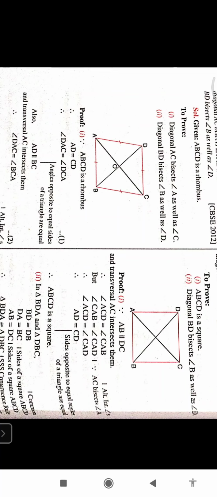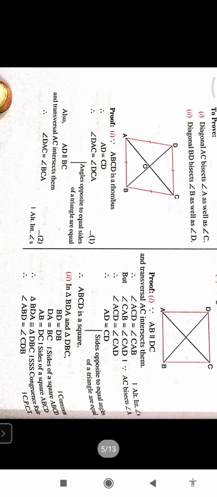Call it first result. Now also AD parallel to BC. Both the opposite sides are equal and parallel, and transversal AC intersects them. So which interior angles are formed?